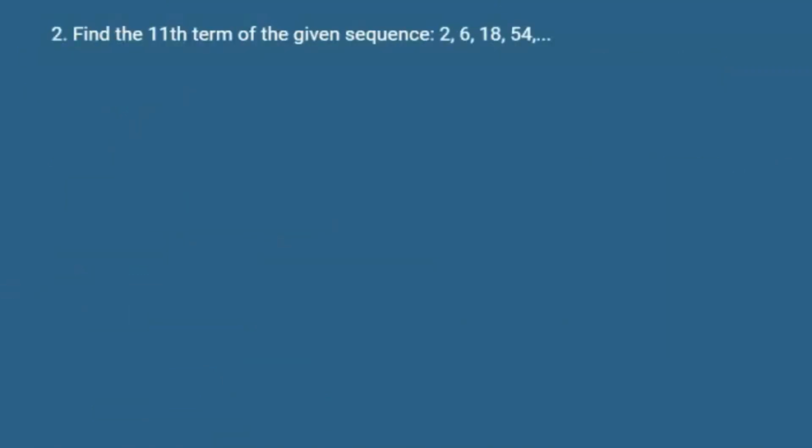Second example, find the 11th term of the given sequence 2, 6, 18, and 54. So we are asked to find a sub 11. We can find the common ratio by getting the quotient of the second term over the first term, which is 3. Let's check if that's also equal to the third term over the second term.